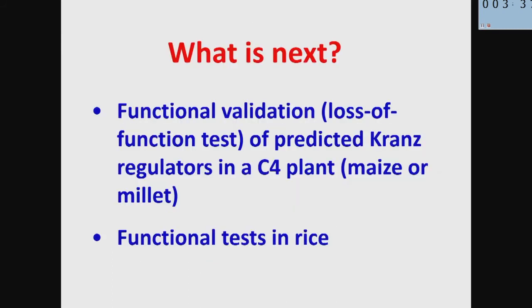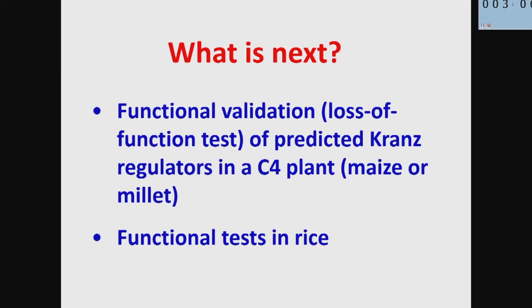Okay. So the next step is, of course, we have predictions, and how do we validate them? One way is to do a loss-of-function experiment. Maize is a C4, or millet is a C4. We can see if we knock down this gene, this transcription factor, does it have the expected effect?